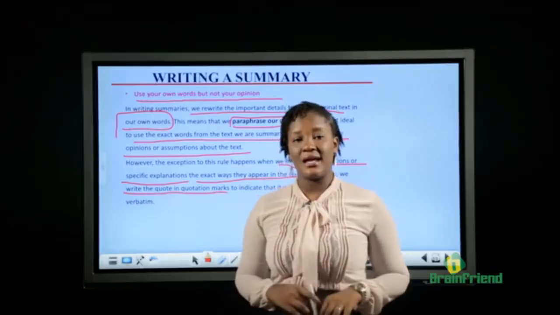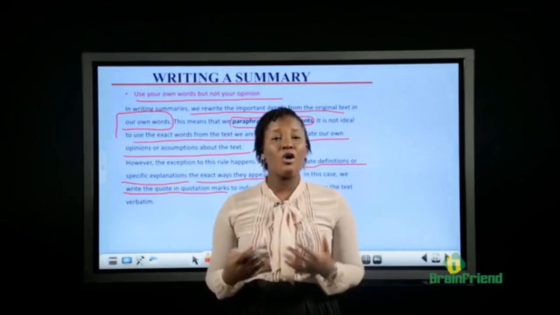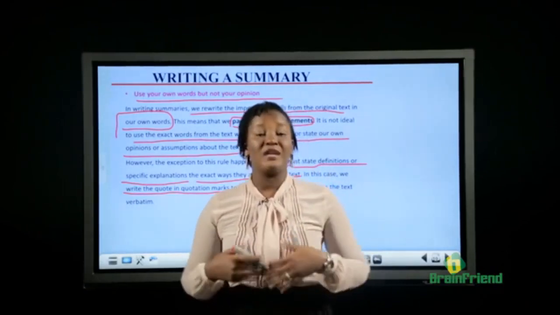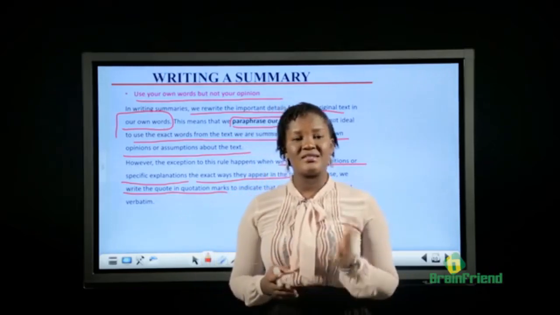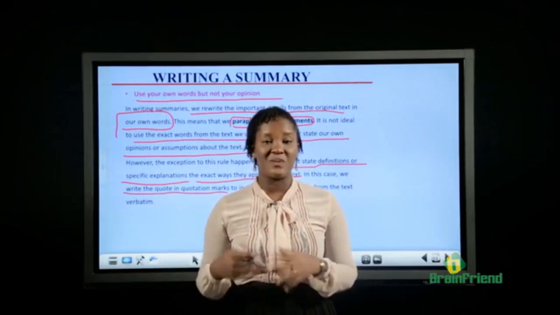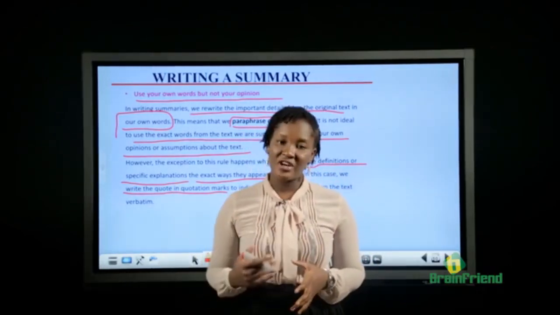Now, I did say earlier that we do not use the exact words of the author of the text all the time when we write summaries, but if we must, we can use the exact words in situations where we have to cite or state definitions or explanations that cannot be changed or paraphrased.